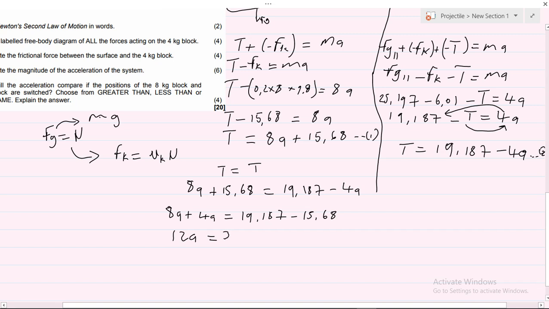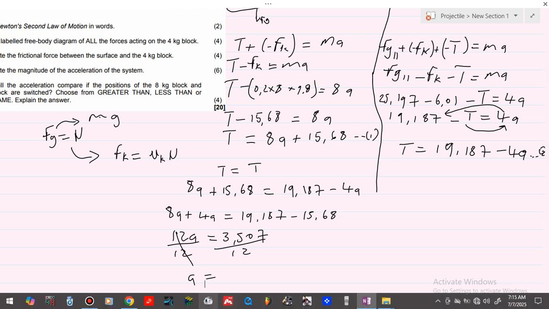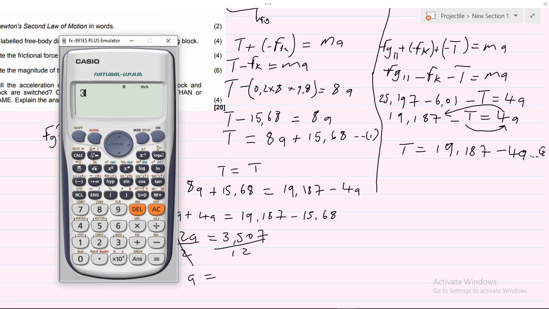It's 3.507. Then divide by 12. A is equal to 3.507 divided by 12.